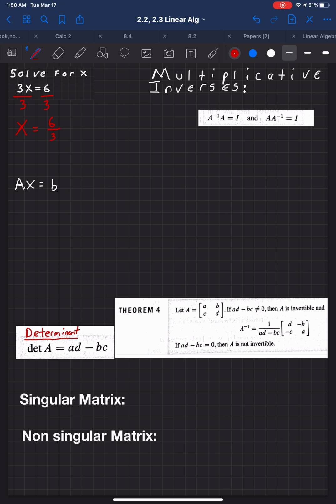What we want to think about is how we can use this multiplicative inverse if we actually wanted to solve this equation for x.